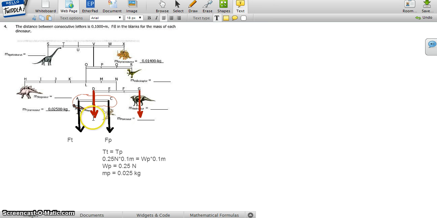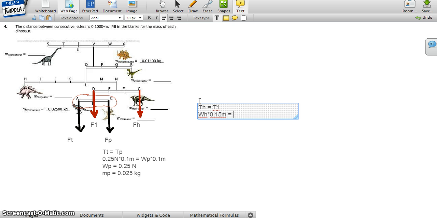Okay, so I'm going to call this the force from the first level, and over here this is going to be the force from the hadrosaur. And once again, we know that the torque from the hadrosaur has to be equal to the torque from that first level. So the weight of the hadrosaur times the distance away, 0.15 meters, has to be equal to the weight of that bottom level.